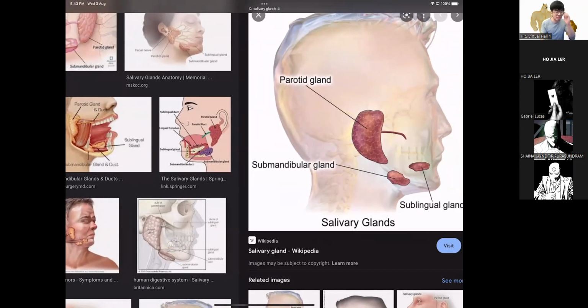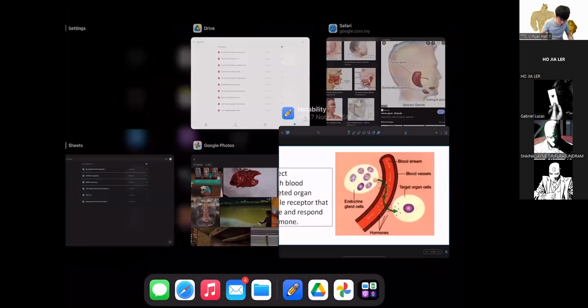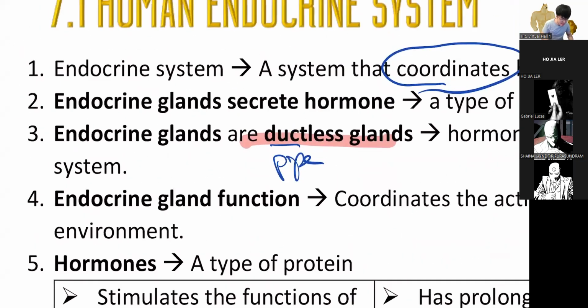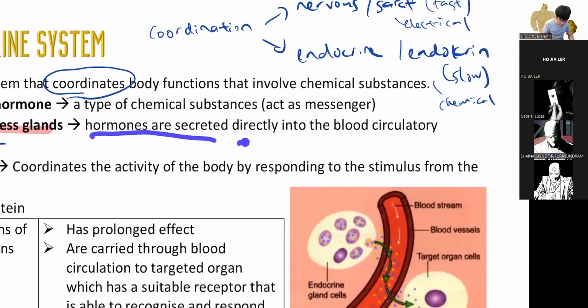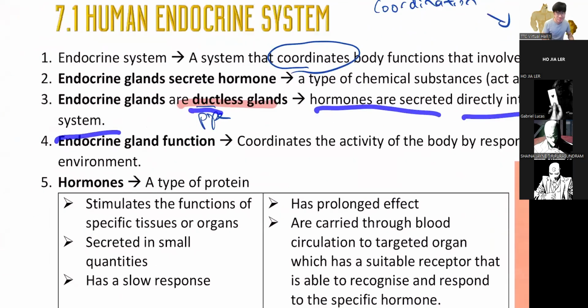So this is a gland with ducts. This is why your salivary glands are not endocrine glands, because they are not ductless. But your endocrine glands are ductless, without duct, no pipe. So hormones are secreted directly into the blood circulatory system.